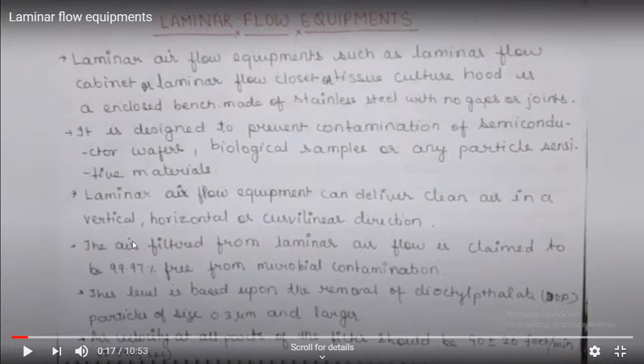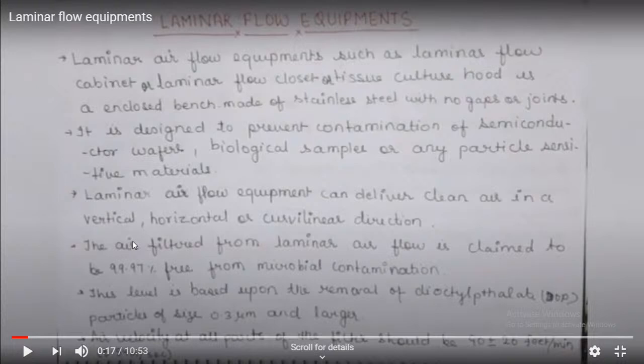So today we are discussing laminar flow equipment. Laminar flow equipment consists of laminar flow cabinets, laminar flow closures, and tissue culture hoods. These are all enclosed in a bench made of stainless steel with no gaps or joints.